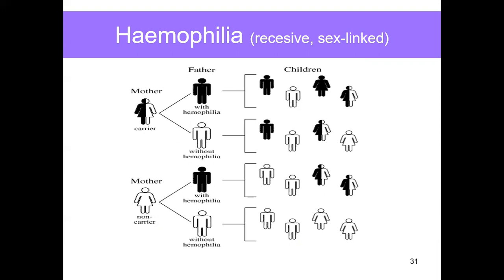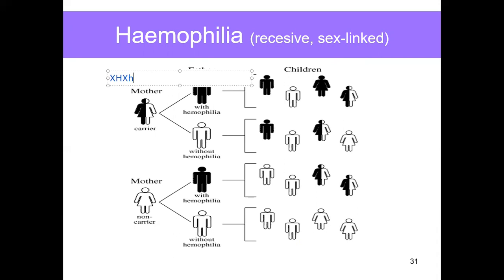Okay, but for male, as long as the mother is a carrier, she can pass it to the son. So if the mother is heterozygous, the chances of the son getting X small h is 50-50, right? So the chances of getting haemophilia is 50-50.